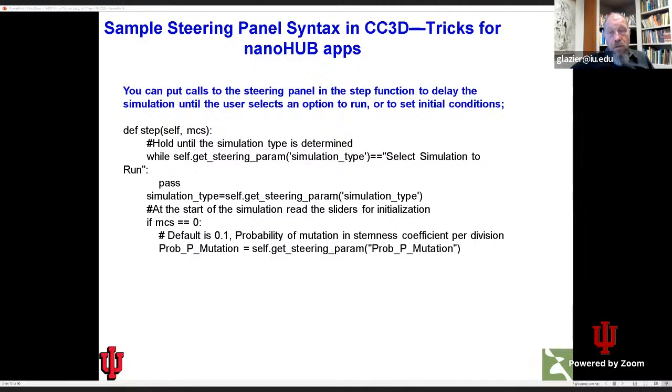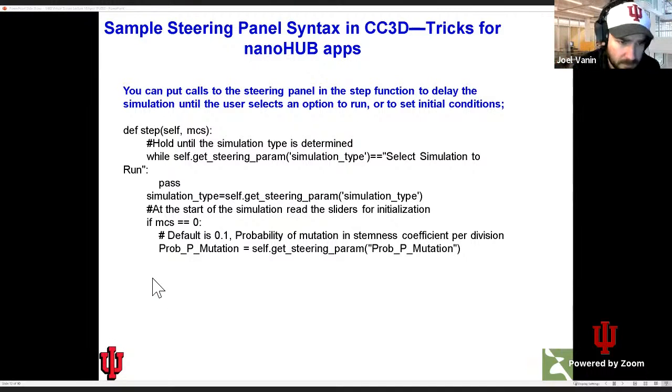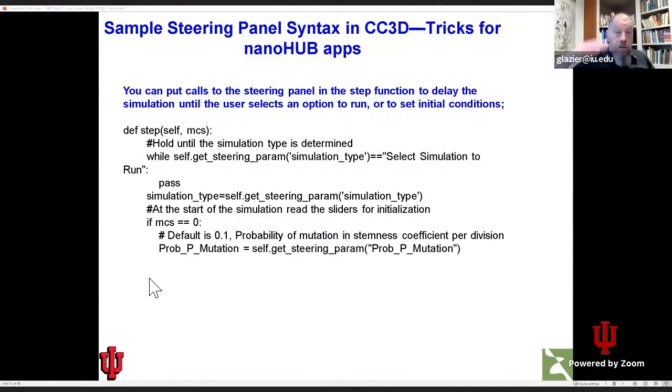Another thing I might want to do is have the user first set a bunch of initialization parameters before they set which simulation to do. So I could say, here, I read the value of probability p mutation. The user does that once at the beginning, and they shouldn't change the value of simulation type until they've got all the other ones set. So you have to tell them to do that. But this way they can select all the initialization values, then say start simulation.